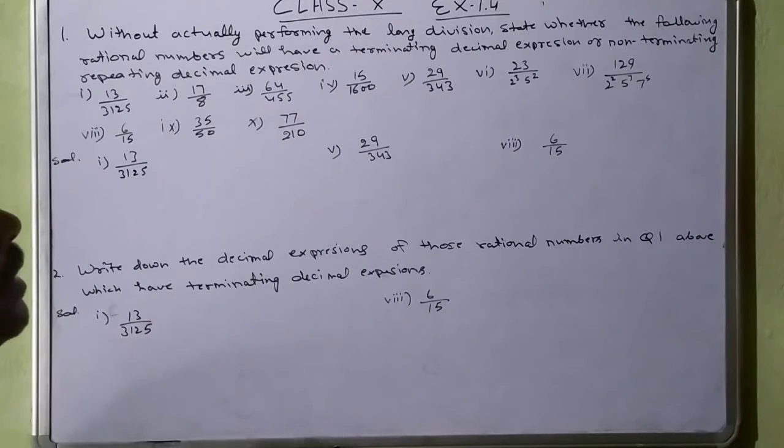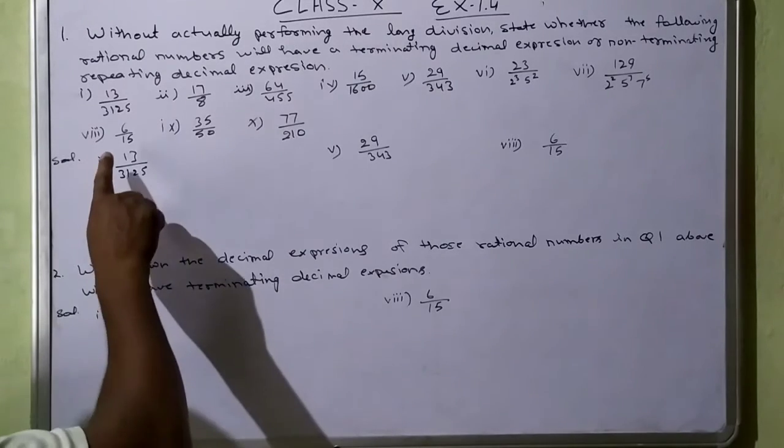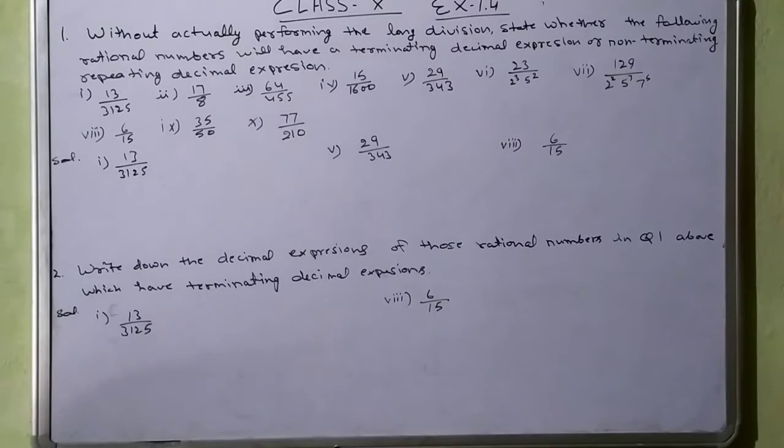Today we are taking exercise 1.4. Question number 1. Without actually performing the long division, meaning we will not divide numerator by denominator, state whether the following rational number will have a terminating decimal expression or a non-terminating repeating decimal expression.